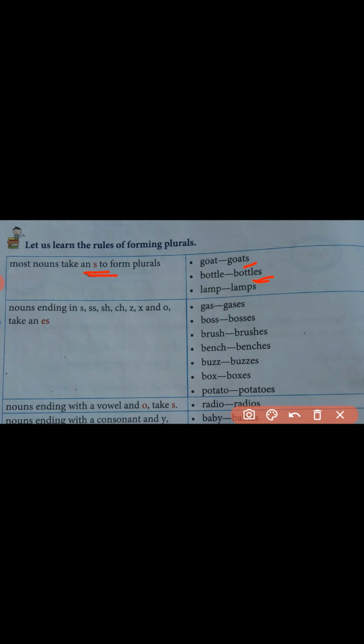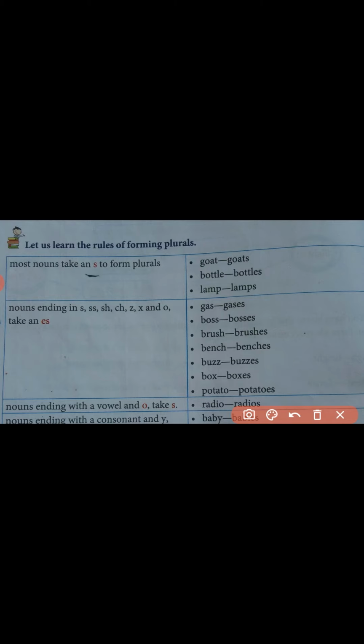Next example, lamps. Here also, by adding s to the noun, the same noun changes into plural. The left side is a single lamp, whereas the right side shows a number of lamps, more than one lamp. So the first common rule is: if we add s to the noun, we can change the same noun into a plural noun. Is it clear? Let's move to the next rule.